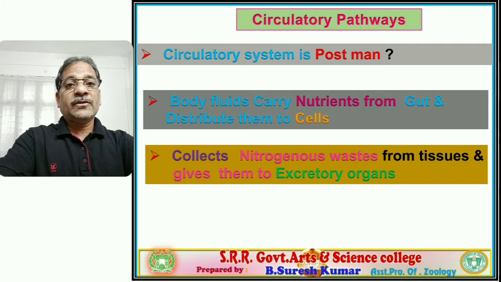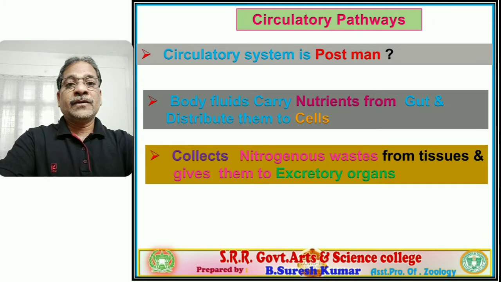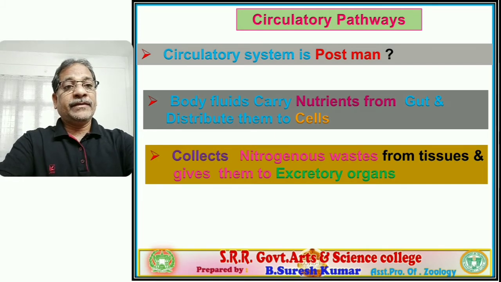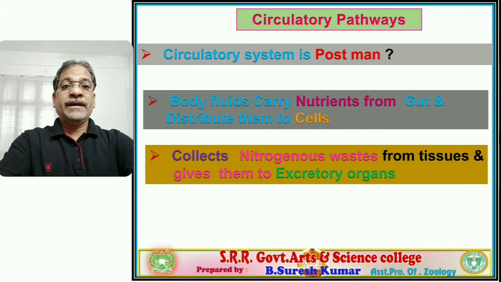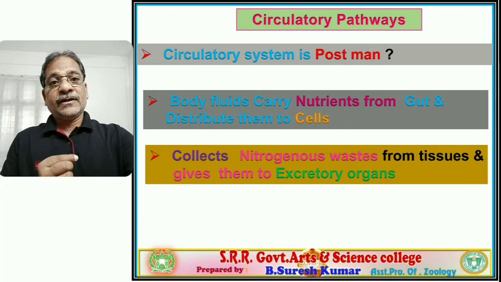If such nitrogenous wastes remain in cells, they become toxic and kill the cells, then tissues and organs, and ultimately the organism. So such toxic material is collected by the blood from tissues and ultimately delivered to the excretory organs through the blood.